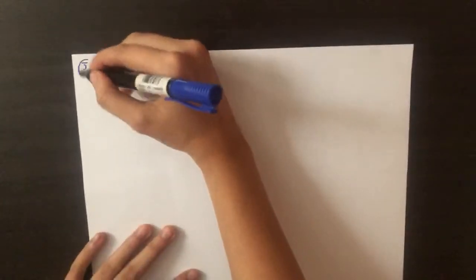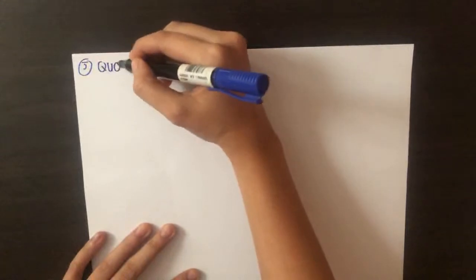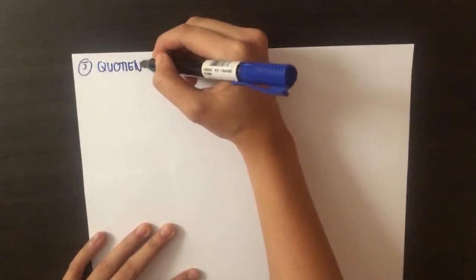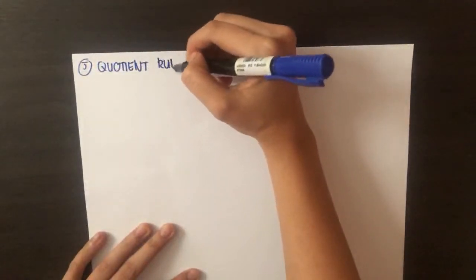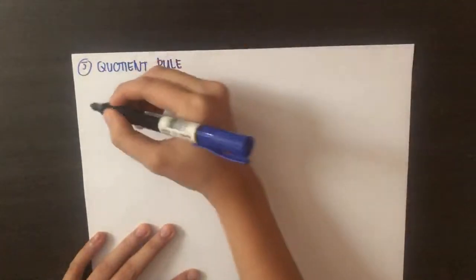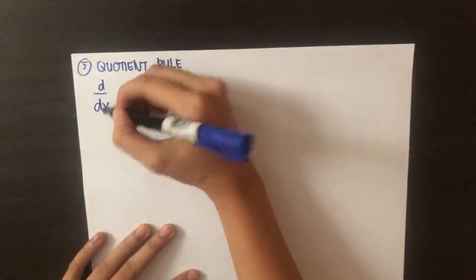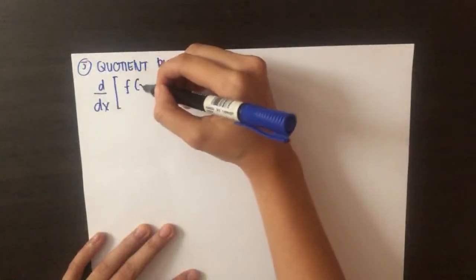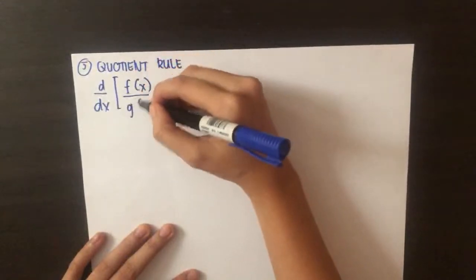Ang fifth rule natin is quotient rule. So, f of x over g of x naman.